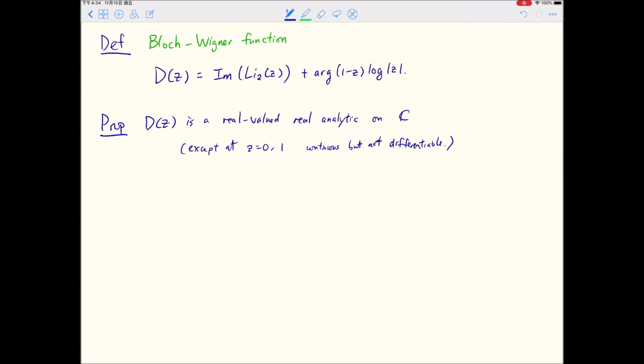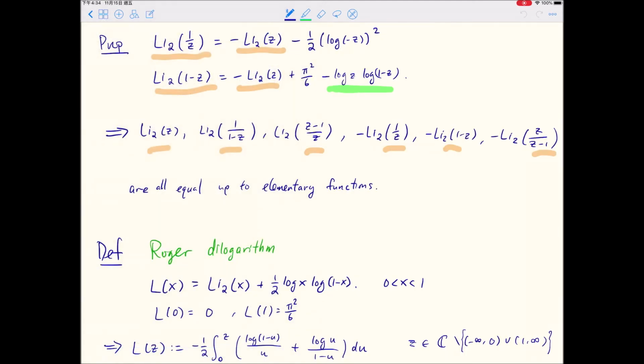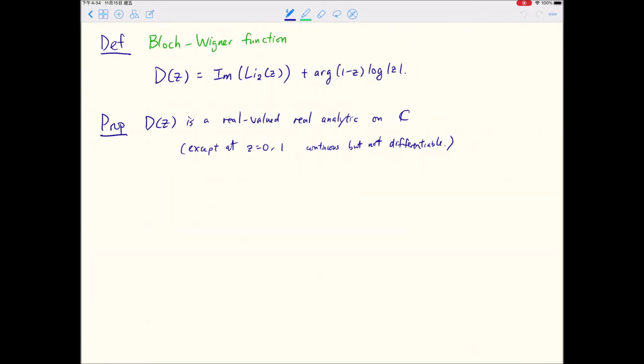So using this function, previously remember that we have the 6 terms here. The 6 Dilogarithm are equal up to elementary functions, but using the Bloch-Wigner version, the elementary terms will all cancel, and we actually have the 6-fold symmetry.